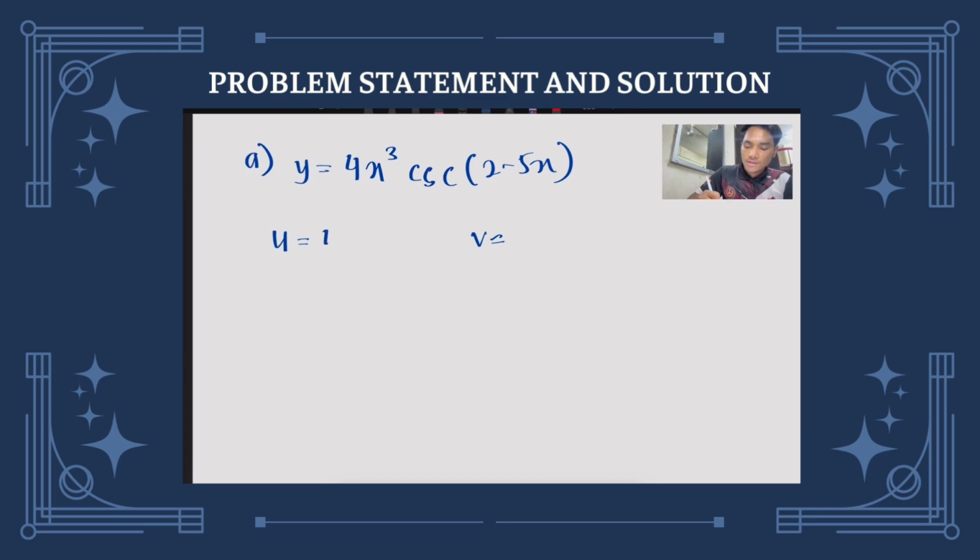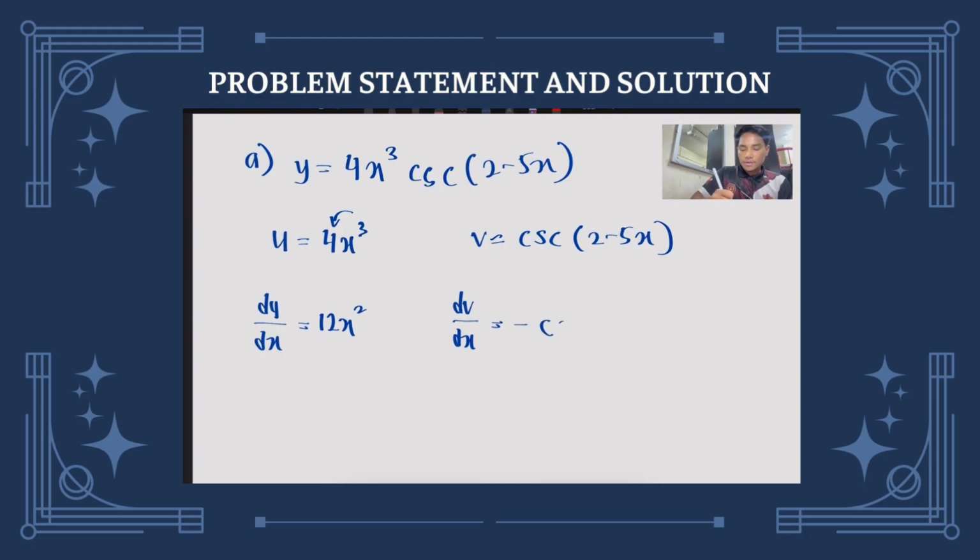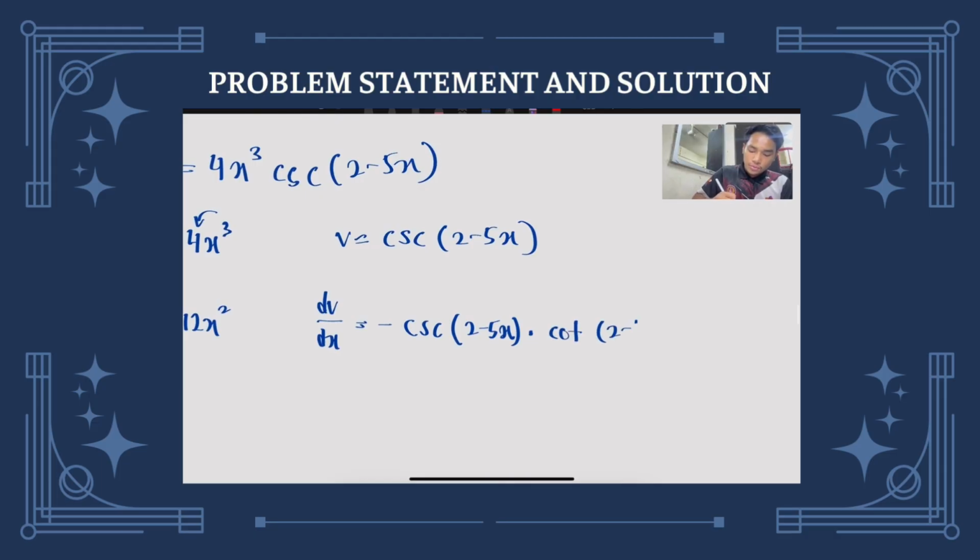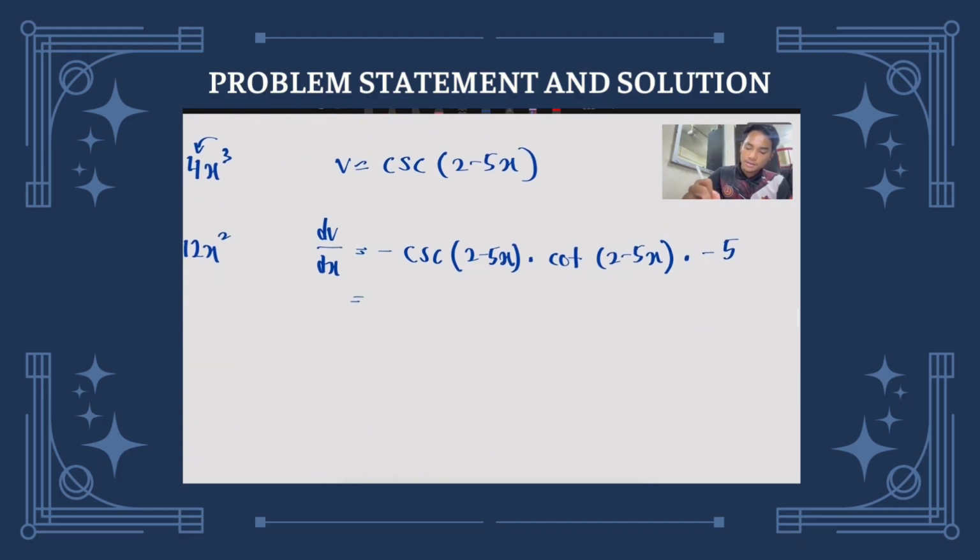For this question, u is 4x to the power of 3, v is cosecant of 2 minus 5x. du over dx is 3 times 4, 12x squared. dv over dx is negative cosecant of 2 minus 5x times cot of 2 minus 5x times the derivative of the inside, which gives negative 5.